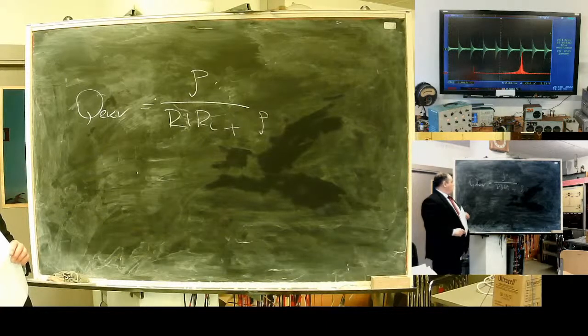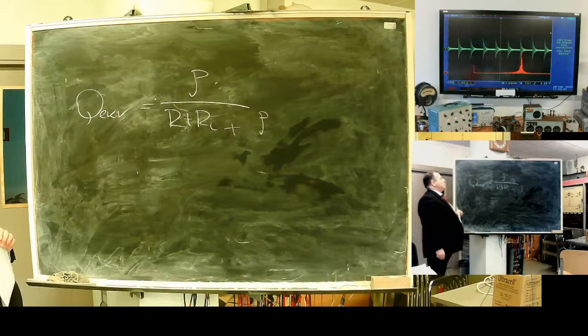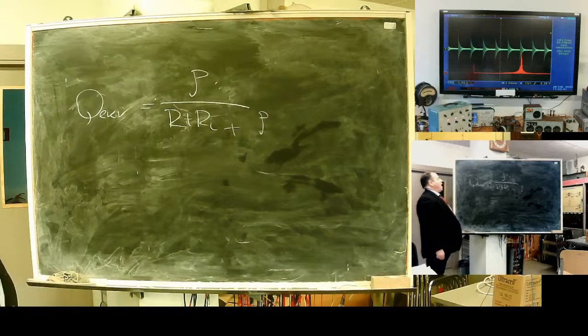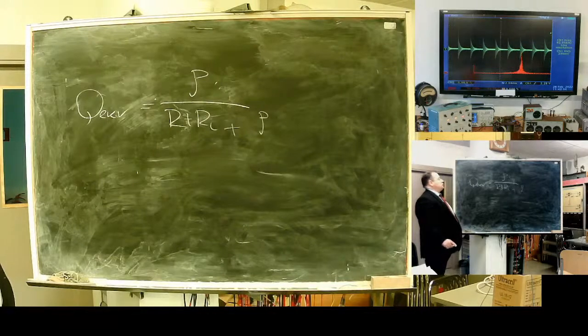No, it should be, really, it should be plus. Yeah, it should. No, wait 1 second. It's minus because we need to get G from the divider. Yes, it's minus.